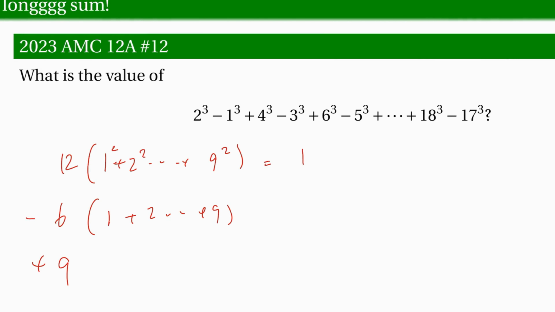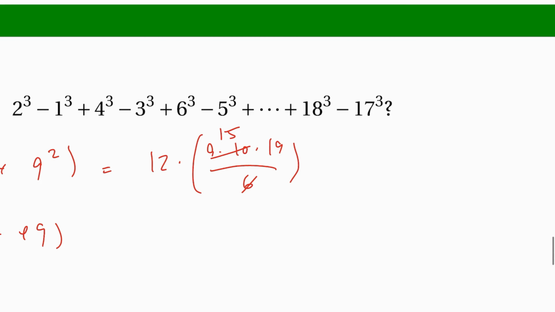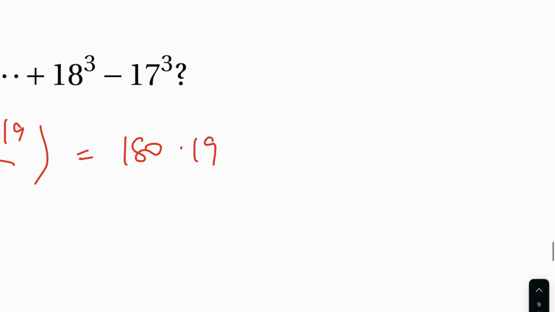Okay, notice this is 12 times 9 times 10 times 19 over 6. This is basically just 15 here. Try to expand this out. This is 12 times 15. That's 180 times 19. 18 times 19, let's see, 324 plus 18, this is 18 squared.